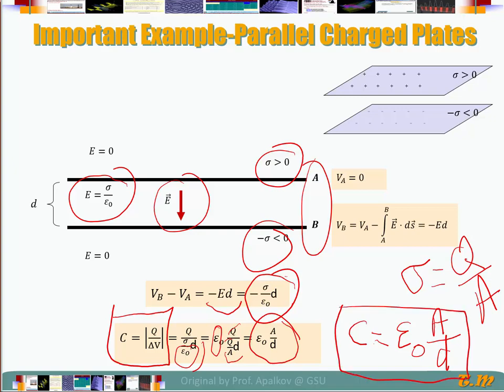Epsilon 0 A over D. Very simple expression. It does not depend on the voltage. It depends only on the geometry of the capacitor, A and D.